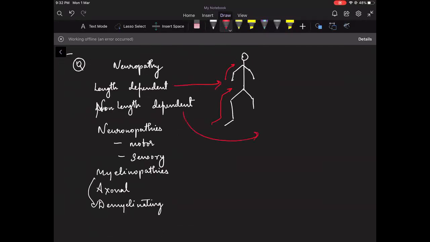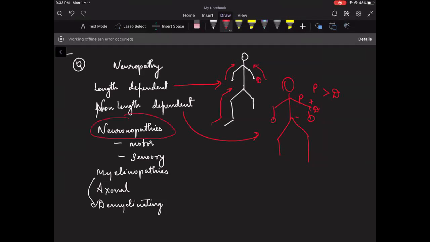Non-length dependent is affection of sensory or motor modality, either proximal and distal simultaneously, or proximal first followed by distal, not classically starting distally and then progressing.